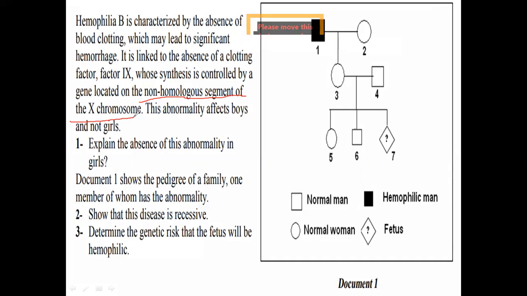The non-homologous segment of X may be present in both males and females. But they told us that this abnormality affects only boys and not girls. Explain the absence of this abnormality in girls.